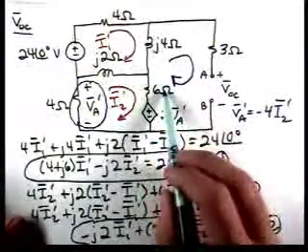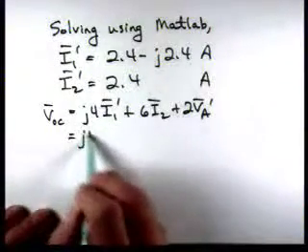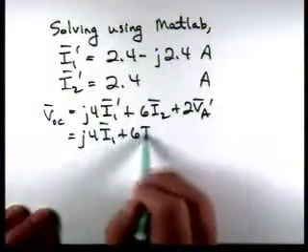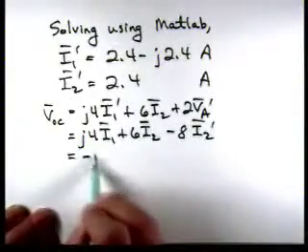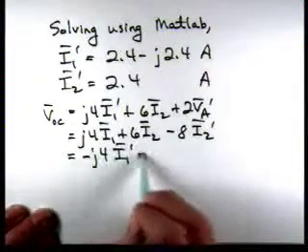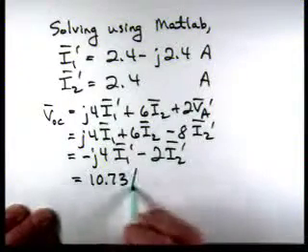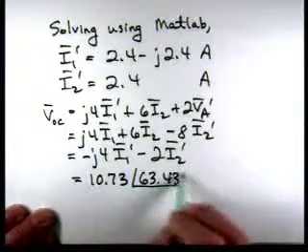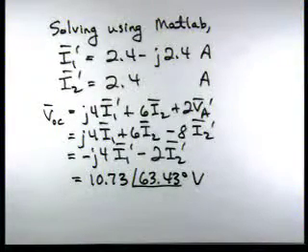So VOC is J4 I1 prime plus 6 I2 prime plus 2 VA prime. If we make the substitution for VA prime, we'll have J4 I1 prime plus 6 I2 prime minus 8 I2 prime, which is 10.73 at an angle of 63.43. Okay, now that completes our calculation of the open circuit voltage. Now we need to calculate the short circuit current.